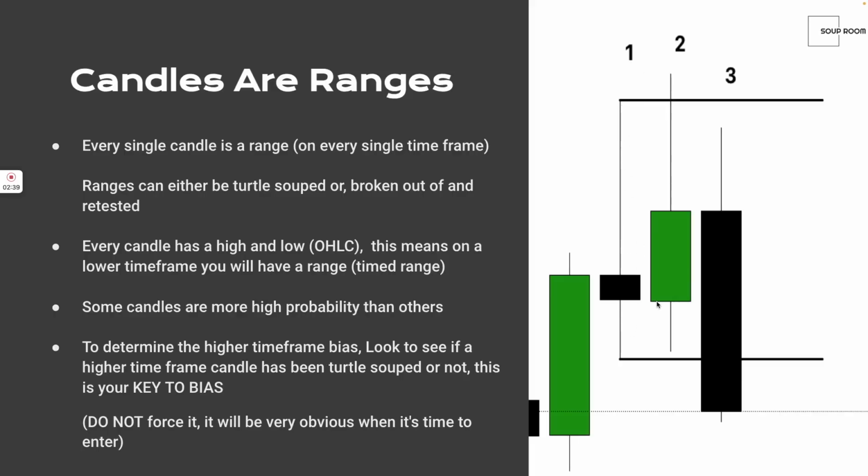Candle 2: open, low, high, rejecting the previous candle's high, so the range high is being rejected, and we close. Third candle: open, high, low, and close. The third candle will present the OTE. When? Right after we soup the first candle's range.